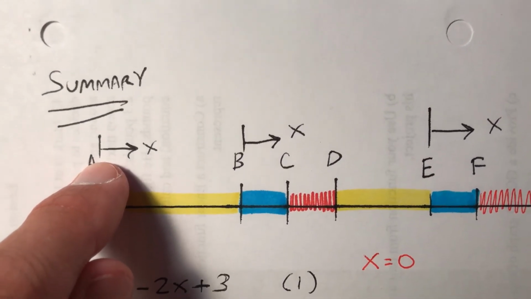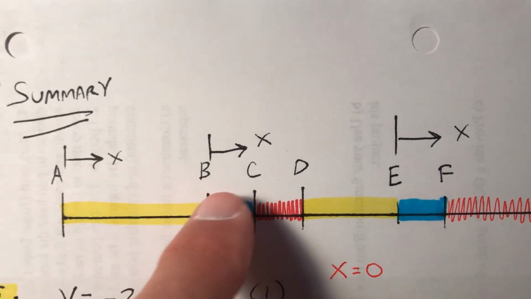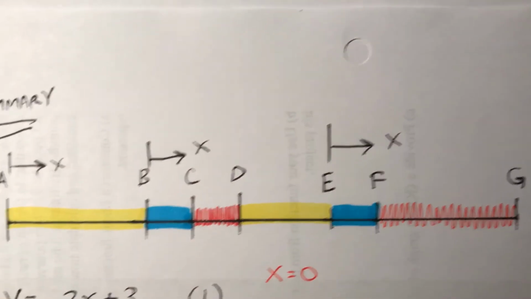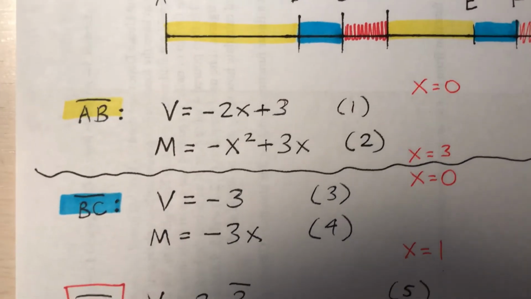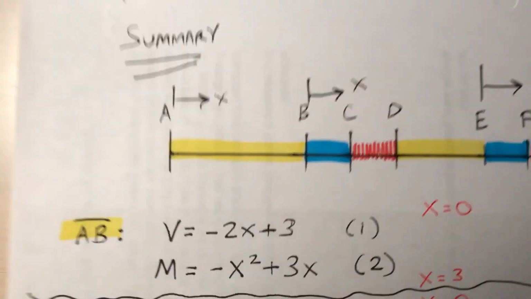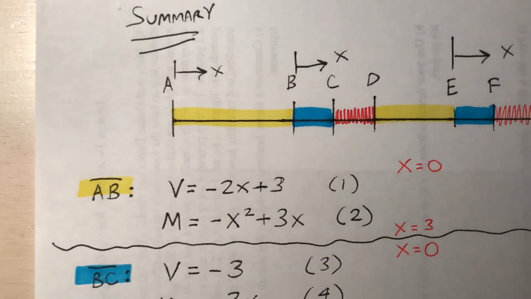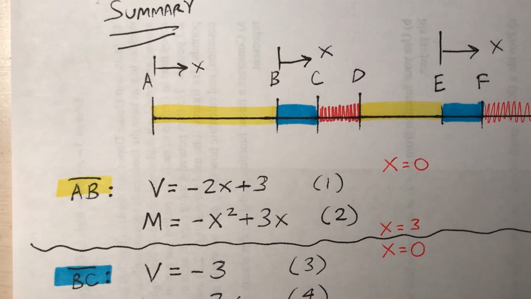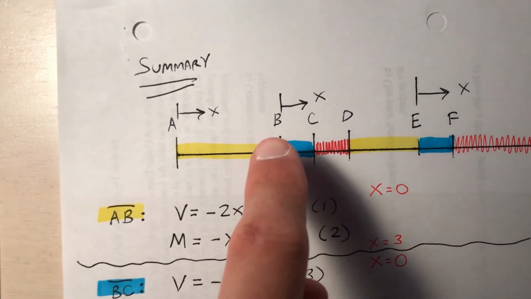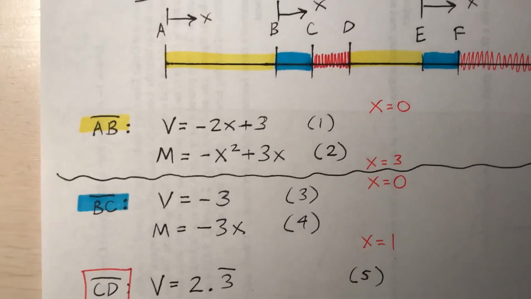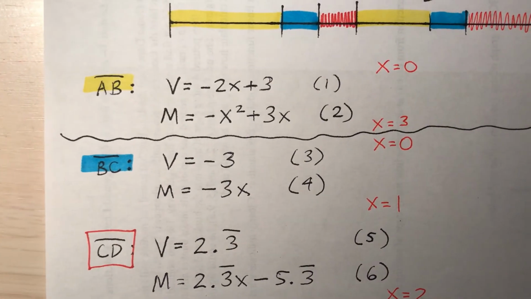Remember that I started x being 0 at A, then I started again at B, and then again at E. For AB, I've got the shear and moment. And then notice that at B, I got a new x that kicks in. X is 0. So for BC, I've got 3 and 4.